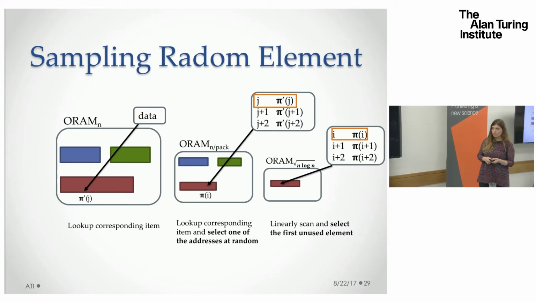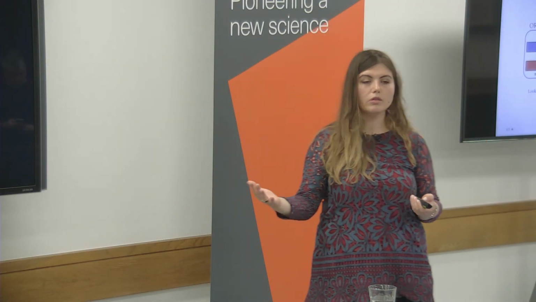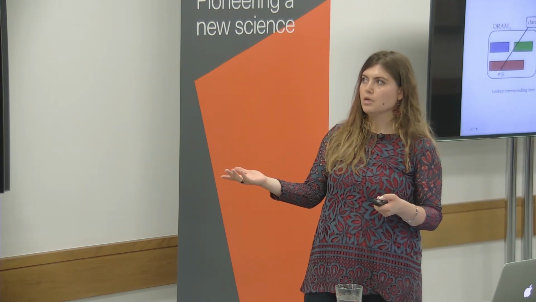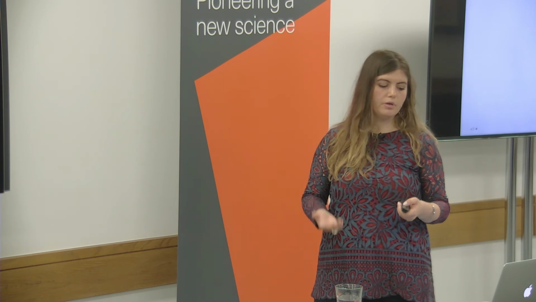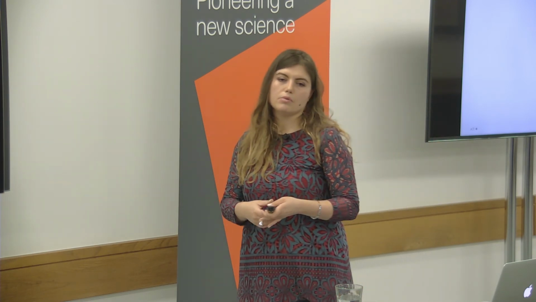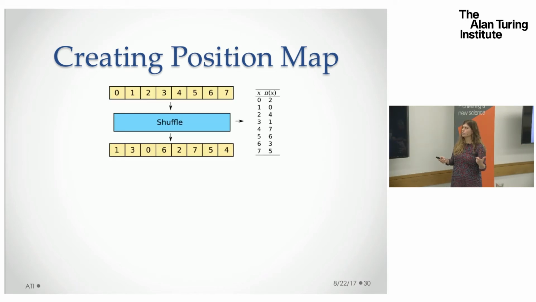OK, so this basically tells you all of the steps in our construction. Now, in order to create the position map, we came up with some protocols for doing this in two-party computation.